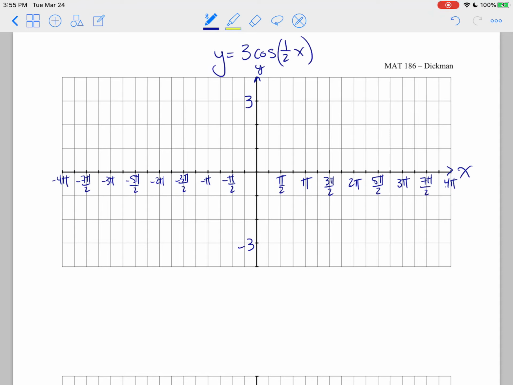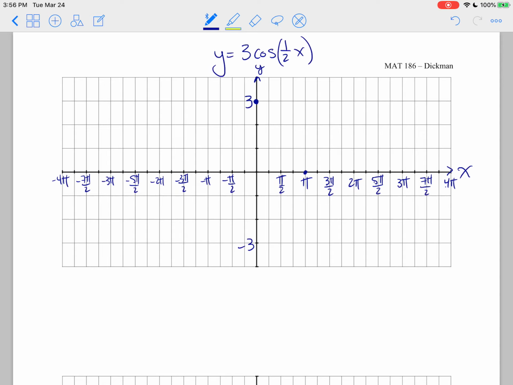So cosine typically starts at 1, okay? And the way that I've labeled this actually makes this really easy. So typically the period's 2 pi divided into 4 equal parts gives me pi over 2, but I'm doubling that.